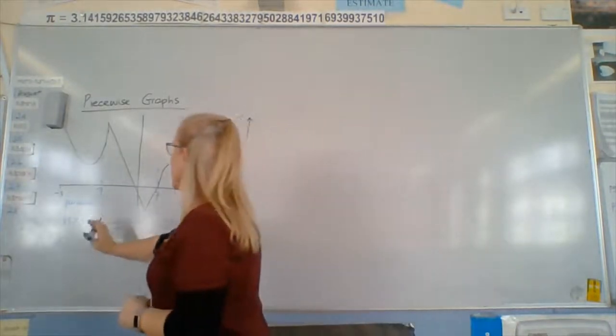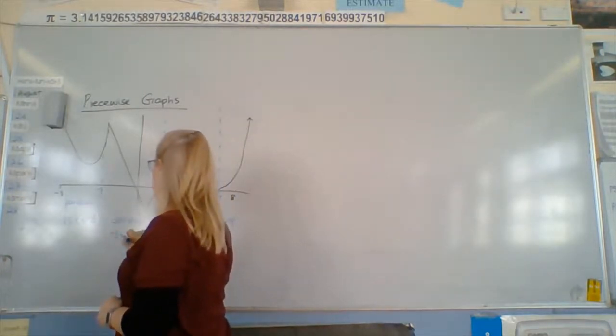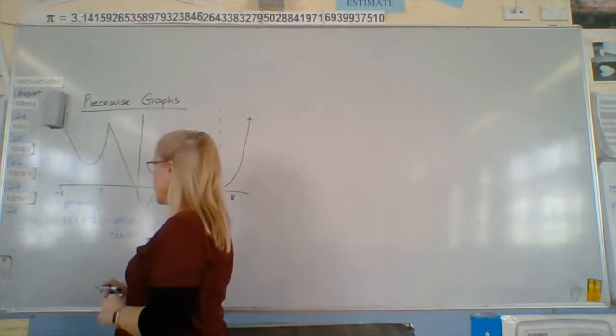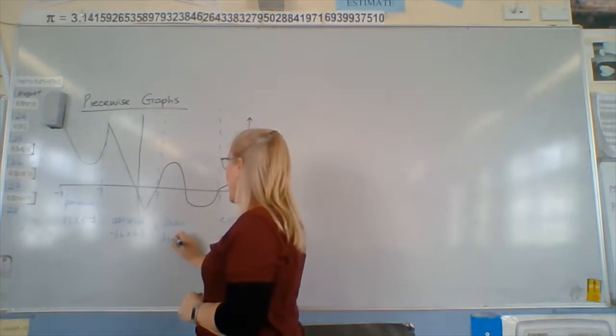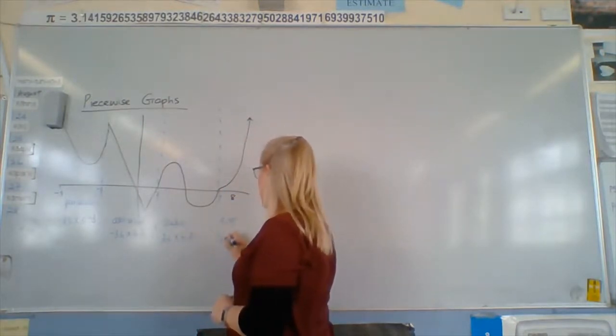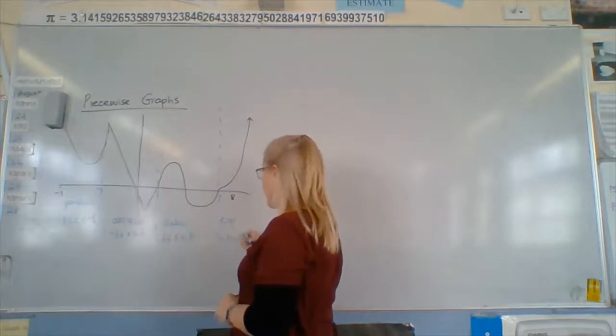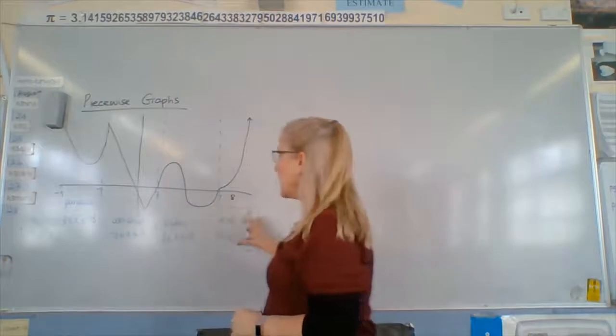So again, for the absolute value, we're going between -3 and 2. All right, for the cubic, we're going between 2 and 7. And then 7 to 8. All right, so that's the period of what each one is.